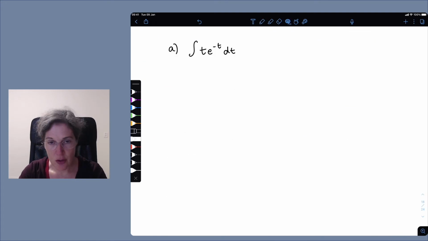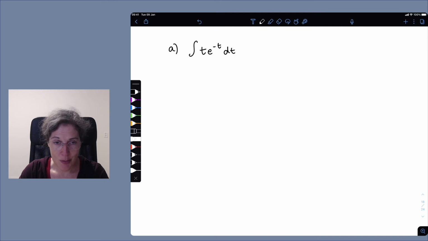So the first thing that you should do if you see a function inside an integral that looks like a product of two things, so here we've got a t times an e to the minus t, is ask if you can solve by substitution, which we did previously, because that's probably going to be your easiest bet. But if you have a look here, substitution requires that we have some function that's been put in combination with another one, and here we've got e which has minus t inside it, but if we take the derivative of minus t, we're not going to end up with t, we're going to get minus 1.